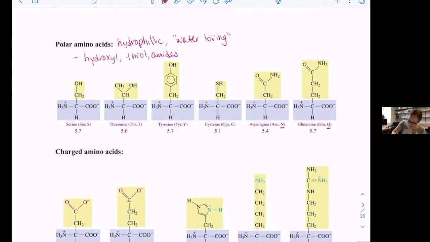Y for tyrosine. Just notice that those are different when you're looking at them. And then also something that's common with the polar amino acids is that the isoelectric point is around 6 for all of these. So it's a little bit lower than your traditional, like physiological pH.